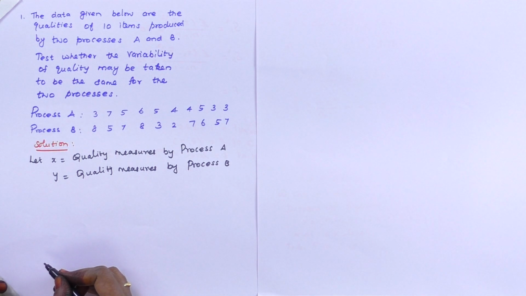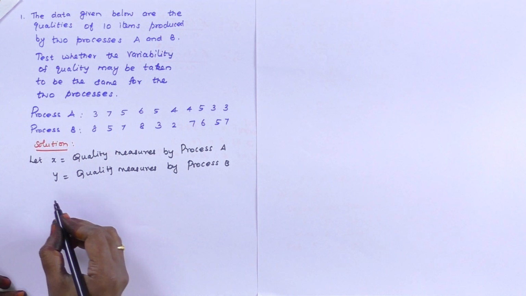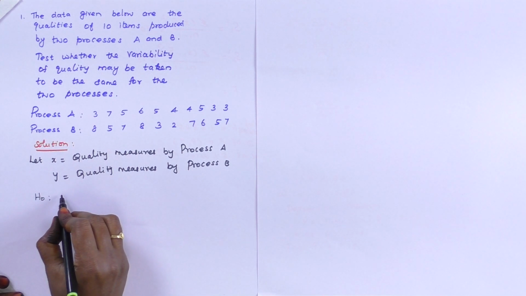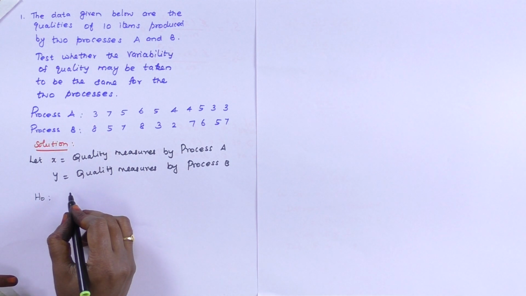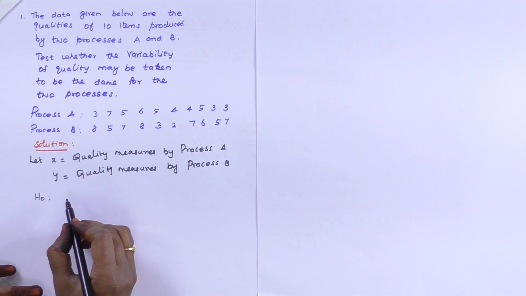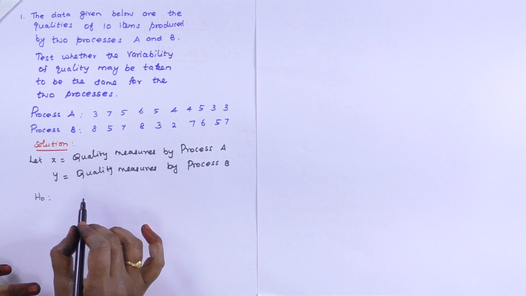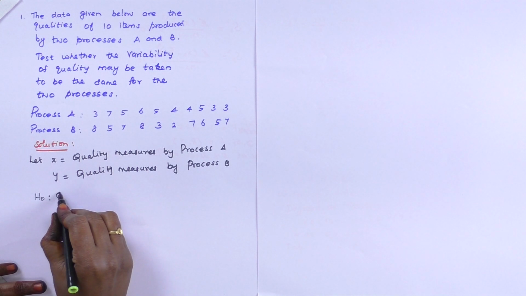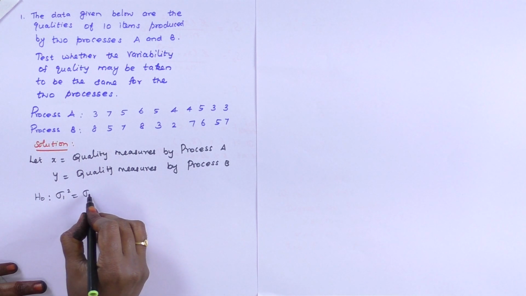Next we set up the null hypothesis and alternative hypothesis. The null hypothesis H0: the variability of the quality may be taken as the same for the two processes, that is sigma 1 square equal to sigma 2 square.